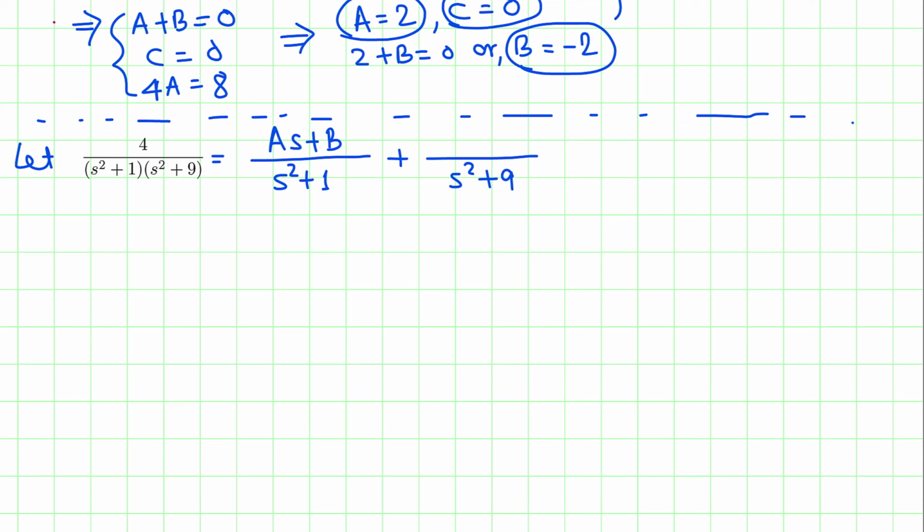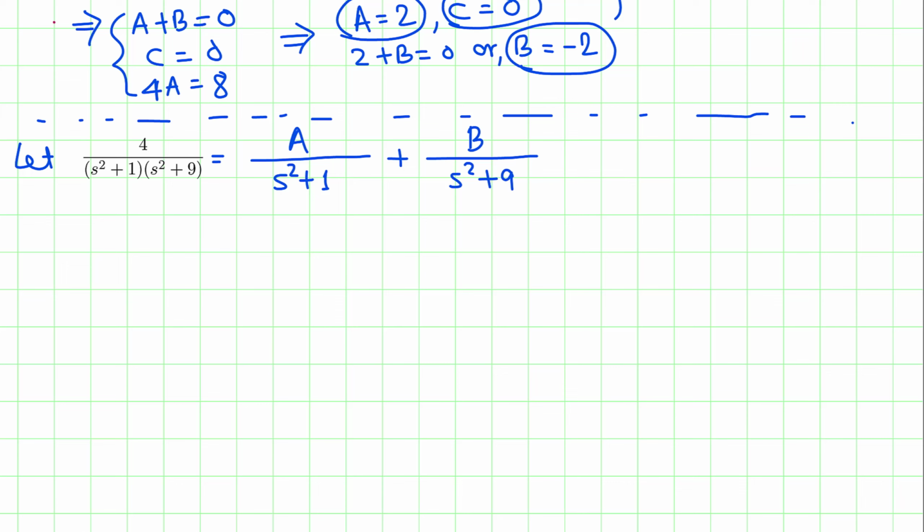But if we look closely here, we don't have any terms containing s on the top, only a number. So for this Laplace transform, we don't need that, only a constant would work. It only works when we are trying to find the inverse Laplace transform. There are no s terms, so all we can do is just write a constant. Even if we write as plus b, that a is going to be 0, so we'll have just a constant anyway.